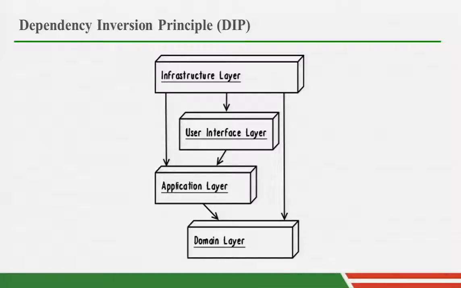And so actually the way some people look at this is that there are only two layers now with DIP, and you have an infrastructure layer that implements the interfaces in an application layer here. I break it out because I really see these as distinct things, but you might view that a little differently.